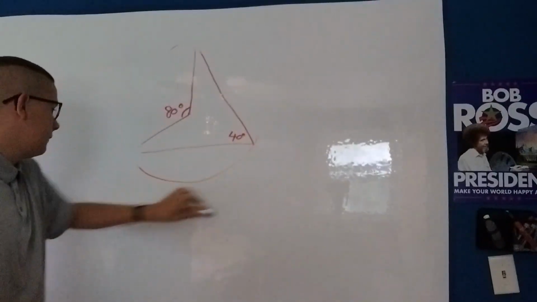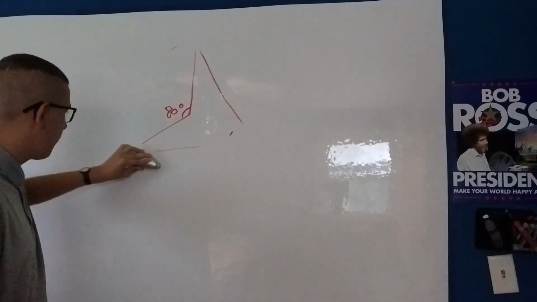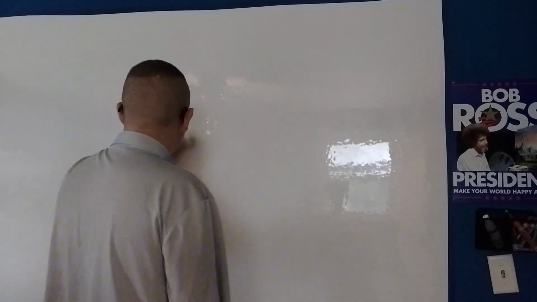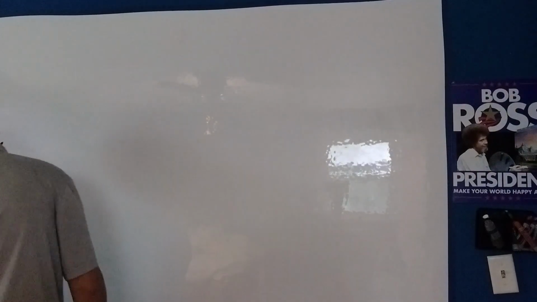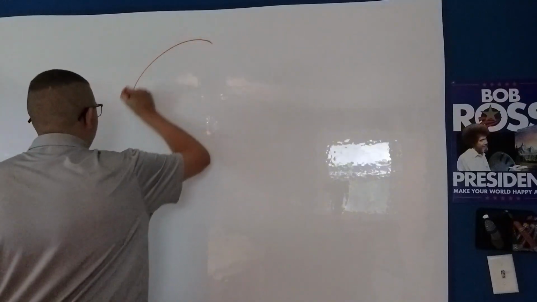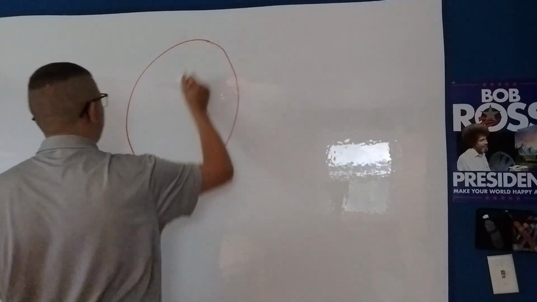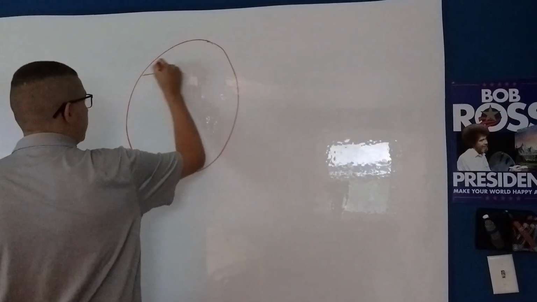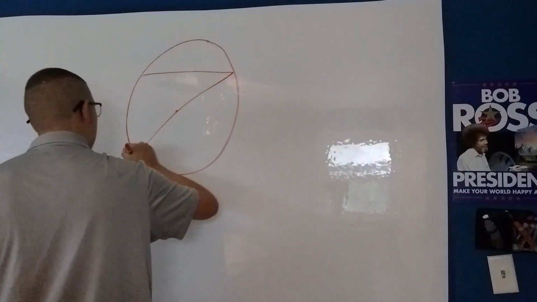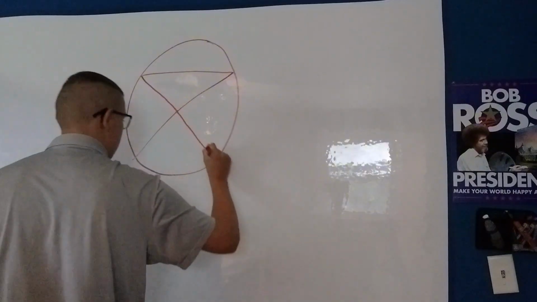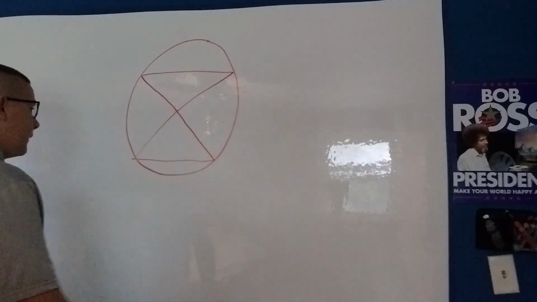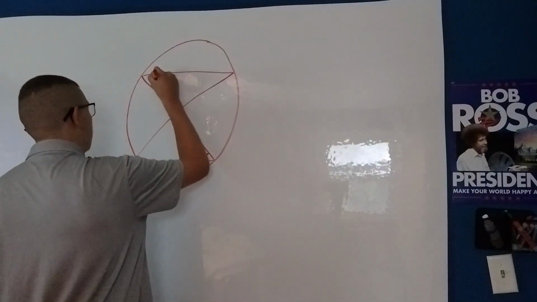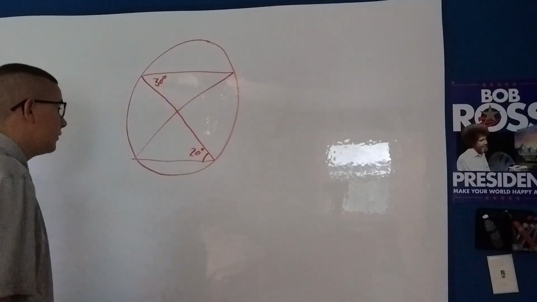Now we have one more. Here we have a circle like this, and we have something like that, and I tell you this is 20 degrees and this is 30 degrees.